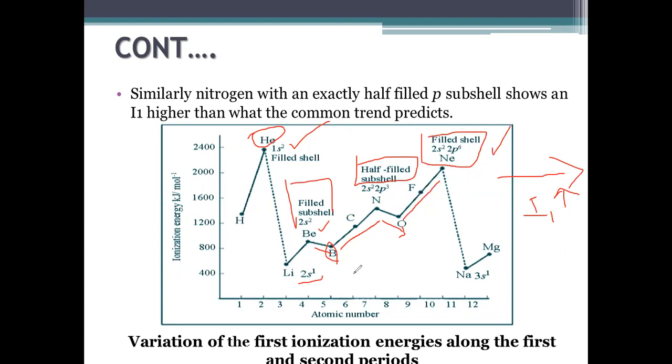But in the second period there is a zigzag variation. Lithium is less than beryllium, beryllium increases, but again boron decreases. From boron it starts to increase again. Nitrogen is a half-filled subshell, from that it drops down at oxygen. Again it goes up to neon. Why? Because the noble gas has the stable configuration.